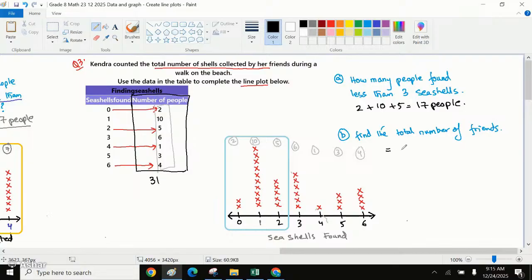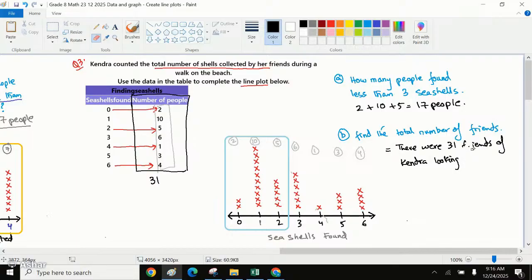That means there were 31 friends of Kendra. Okay, we can say 30 friends because Kendra is included.